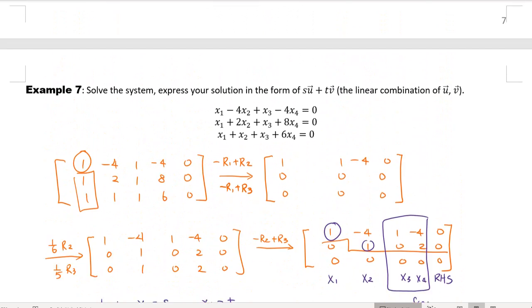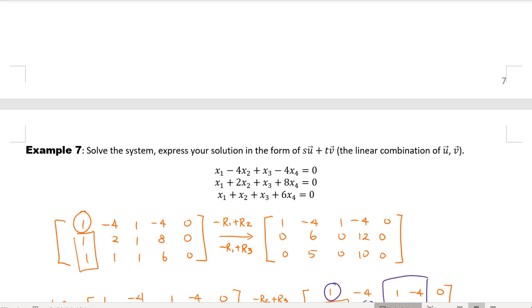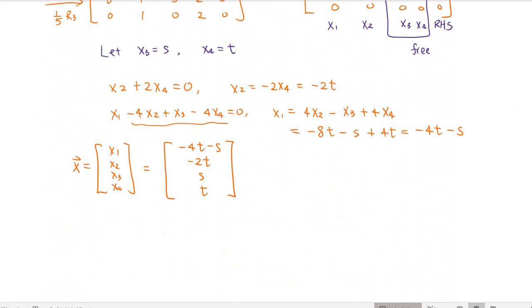Okay, so the problem asks us to express the solution in terms of su plus tv. How do we do it? Now, look at this. Do you see the coefficients of t? You can actually separate them, right? You look at the coefficient of t and the coefficient of s. Here, there's no s.